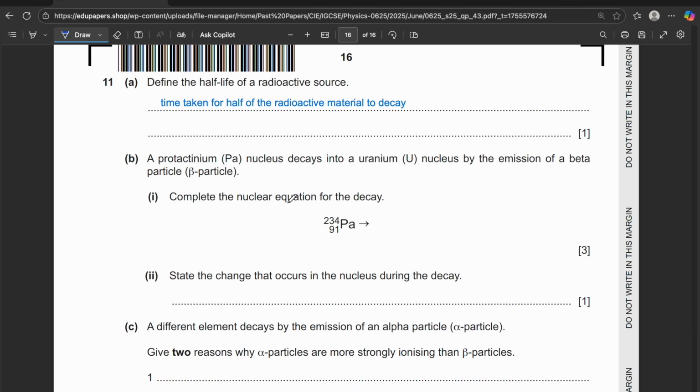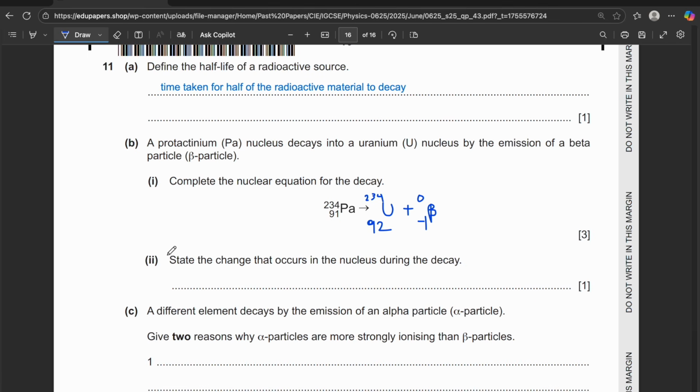Complete the nuclear equation of the decay. So uranium U. We leave the numbers for a second. Beta particle is 0, -1 because it's an electron. So we can match the numbers. So this will be 92, 92 minus 1, 91. And this will still be 234.